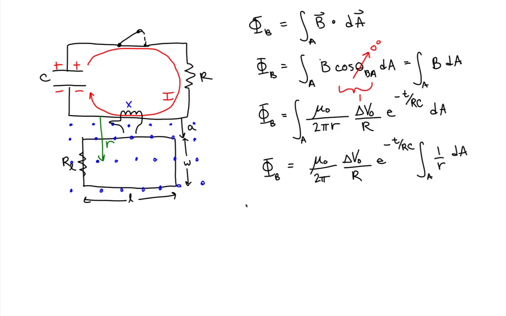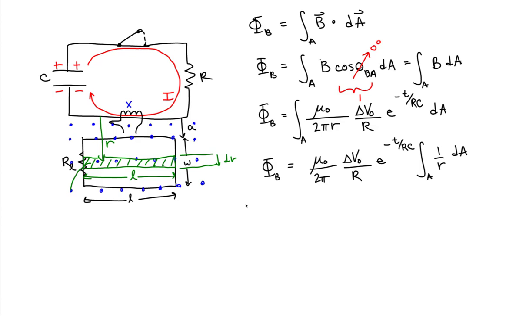So this makes that line a natural choice in helping us select the type of area element we're going to choose. Let's choose a horizontal rectangle, and this horizontal rectangle has a length L, which is the length of the conducting loop, and it has a width of dr.